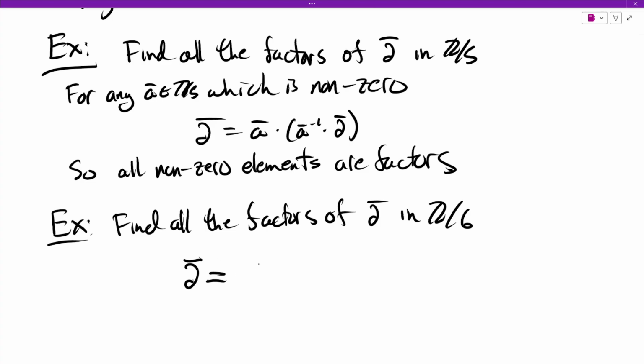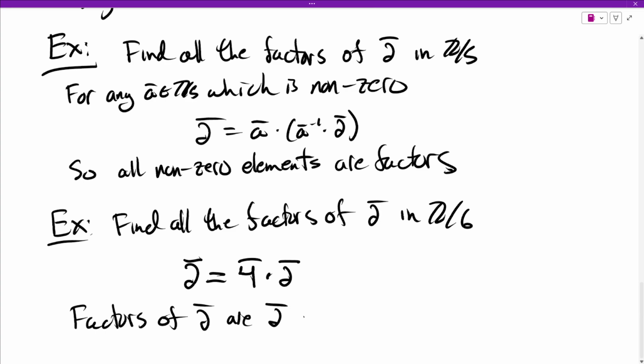So 2 we can write as 4 times 2, right? Because 4 times 2 is 8, and 8 is the same as 2 mod 6. In particular, the factors of 2 are itself and 4.